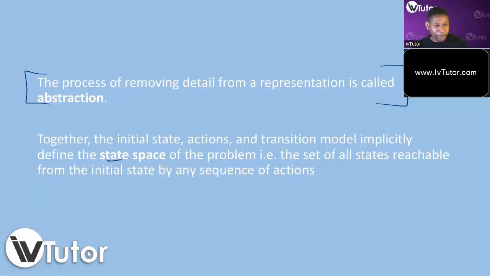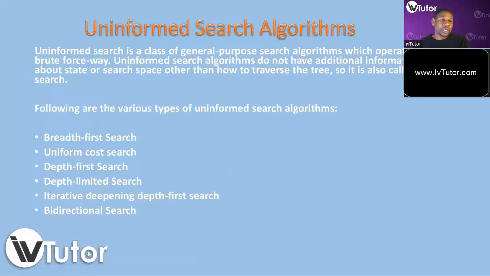So state space problem, we know, is the initial state, the actions, and the transition model. So uninformed search algorithms are general purpose, or we can call them brute force search algorithms. They do not have additional information. So we're saying go blind, try to get to the solution without any prior information.